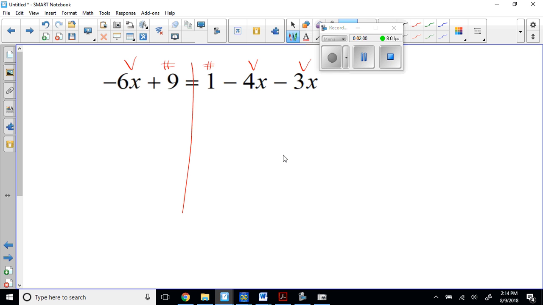Go ahead. Come on, folks. What do you see? Like terms. What are these? What does that give me? Negative what? Negative 7x. Good. 1 minus 7x equals negative 6x plus 9. Ladies and gentlemen, please be aware that at this point, you need to identify them again.